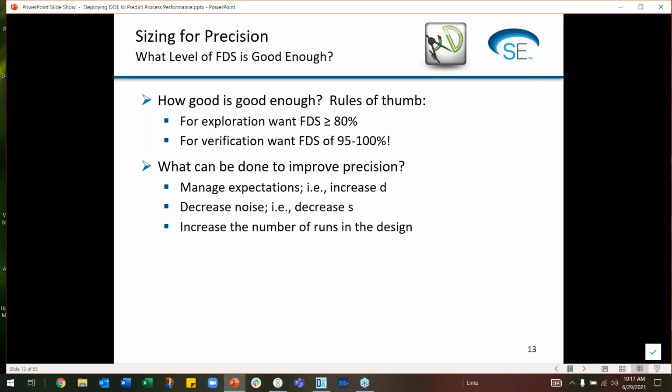You can try to reduce the noise in your system. Or what most people do is you can increase the number of runs in the design. So maybe add 4 or 5 runs, especially if you're running an optimal design. It's easy to add additional model points to those designs or augment with a few more runs.